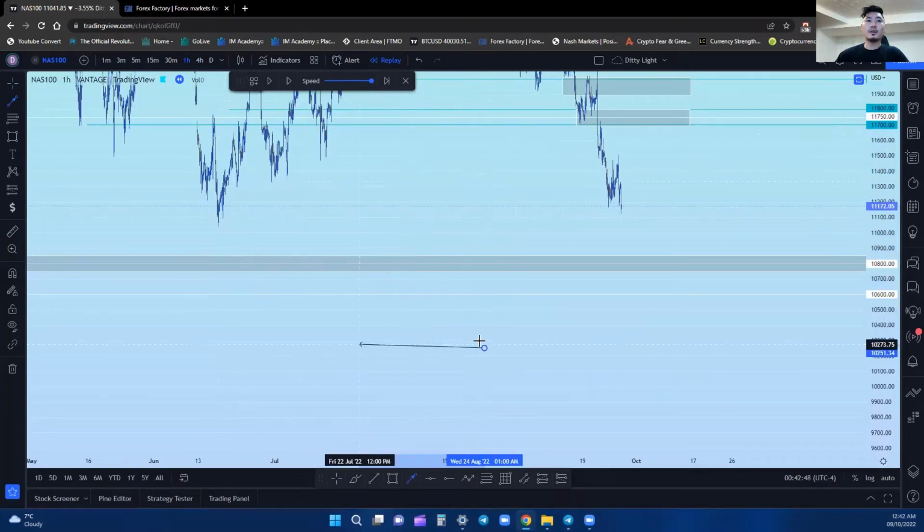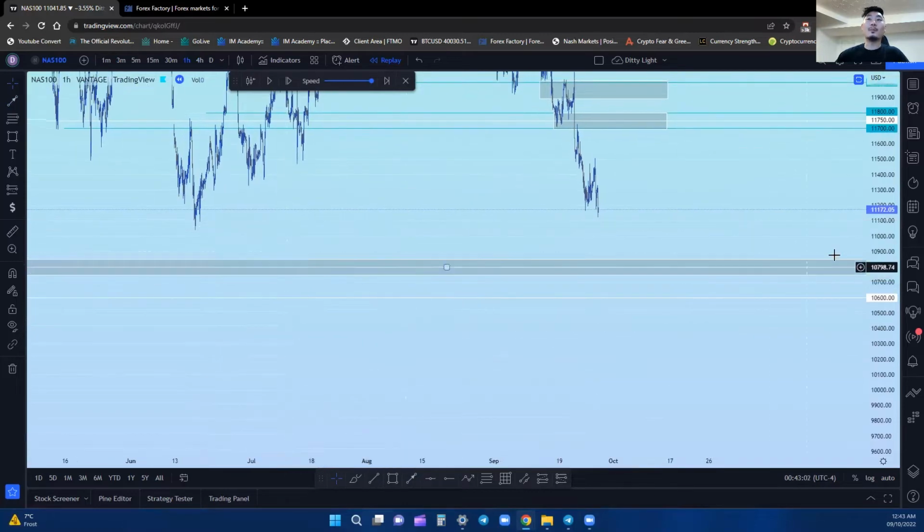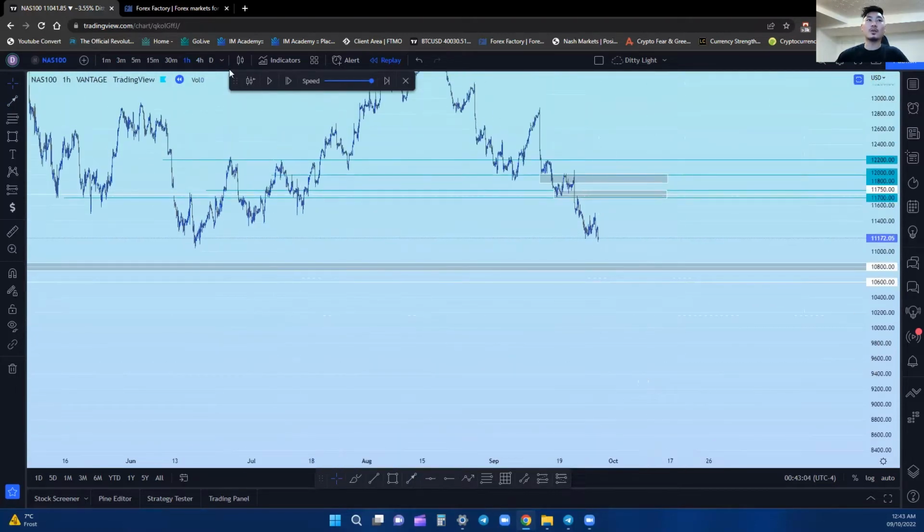So we push it up here. So let's see what happened. Of course, there's a high probability that we don't really respect this low, right? Why? It's just because we are bearish, right?